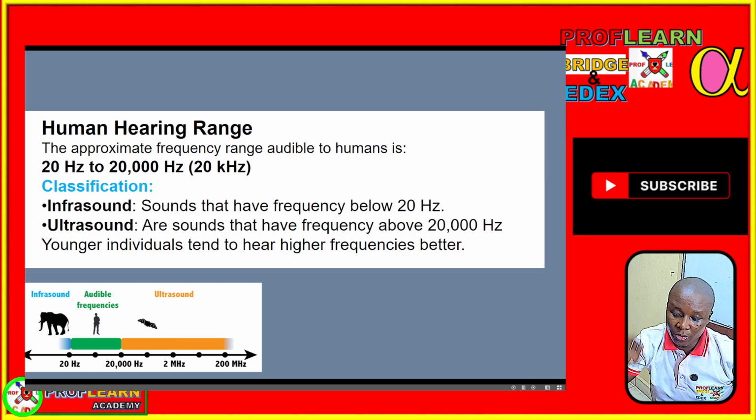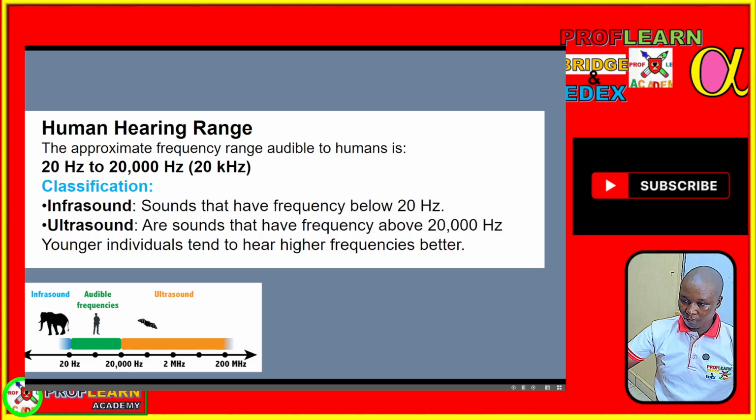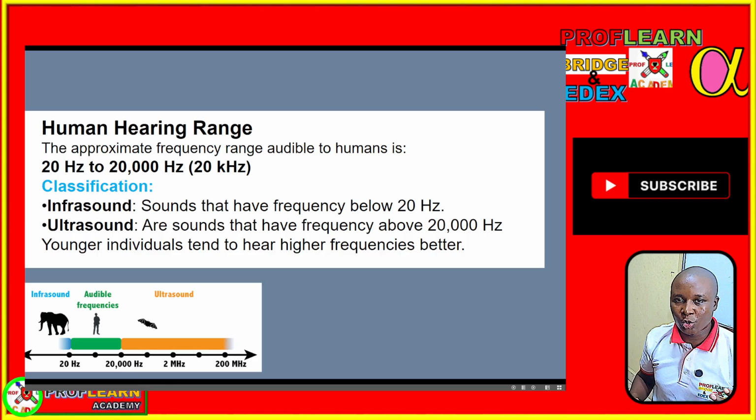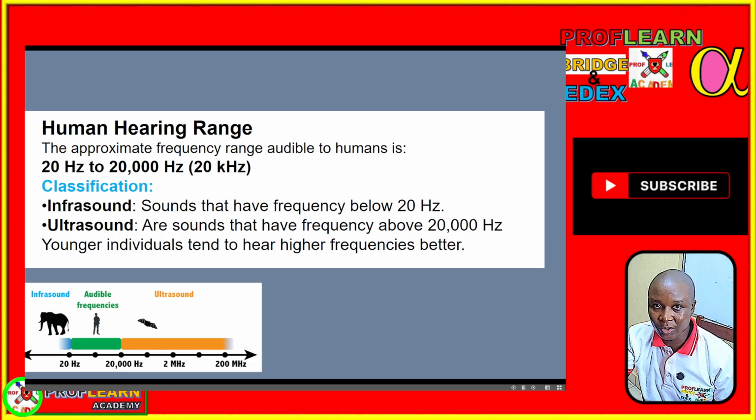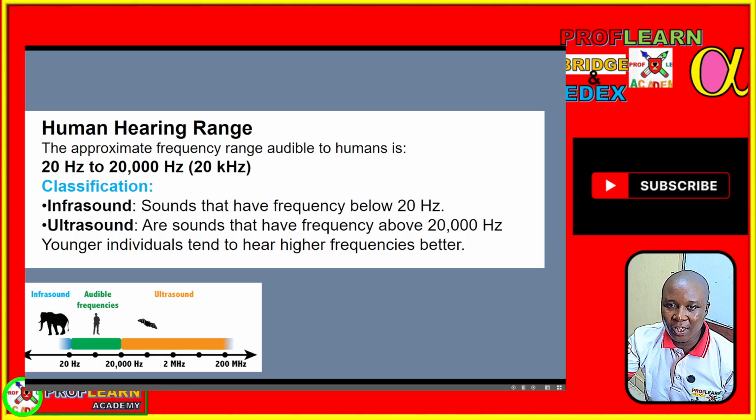There's something else you need to understand called the human hearing range. A human being can only detect sound which has a frequency between 20 Hertz and 20,000 Hertz. So if an object is producing a sound which is between 20 and 20,000 Hertz, a human can detect that sound. A person can hear that sound being produced.